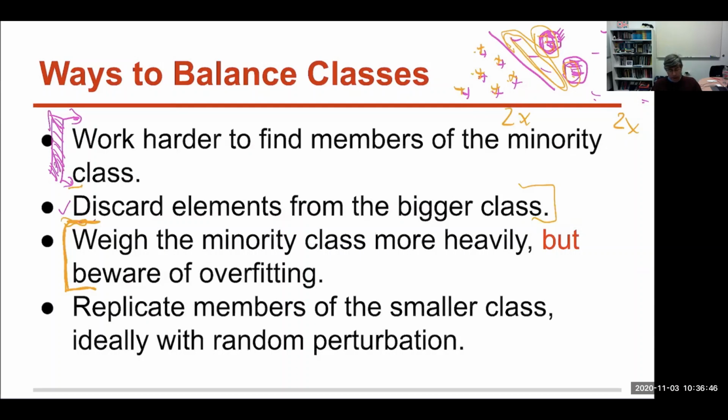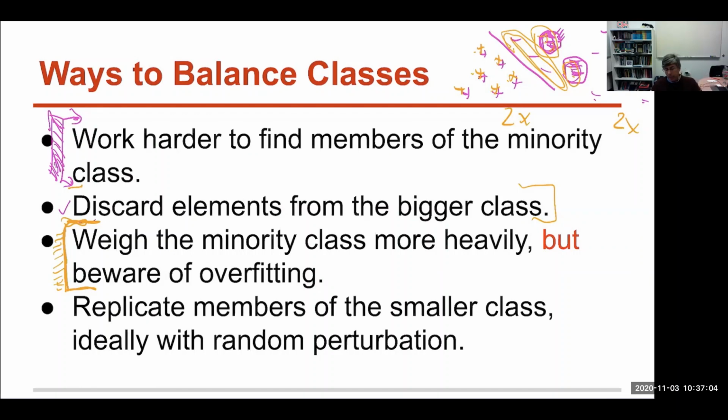Better is that in the logistic regression formalism, and most machine learning formalisms, there would be a parameter where you can weigh the example by how important it is, and use that as a coefficient in the optimization function.